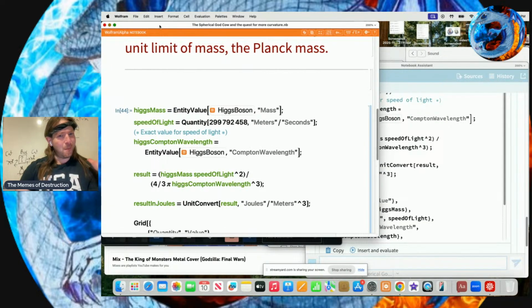So one of the interesting things, and kind of the whole point of this, was when you're taking something fundamental, like the Higgs boson or the Planck mass, we believe those are fundamental things. Now we've measured the Higgs boson.